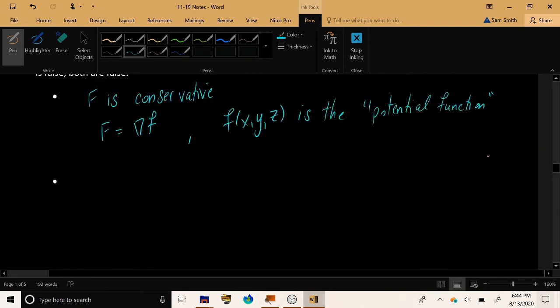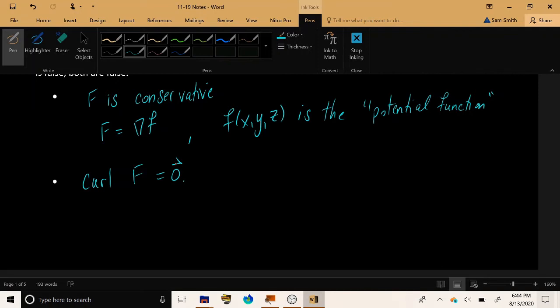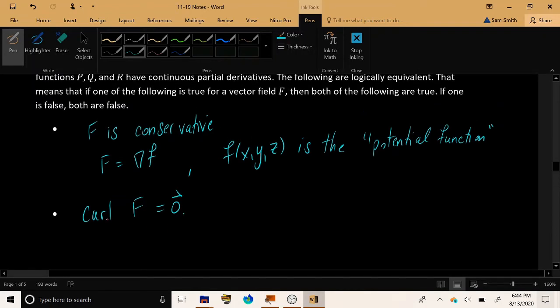And the second criterion is that curl f is 0. Curl f is 0. And this time I will emphasize that this means curl f is the 0 vector. Curl produces vectors, so curl f would equal the 0 vector in this theorem. And I'll add the arrow to emphasize that.